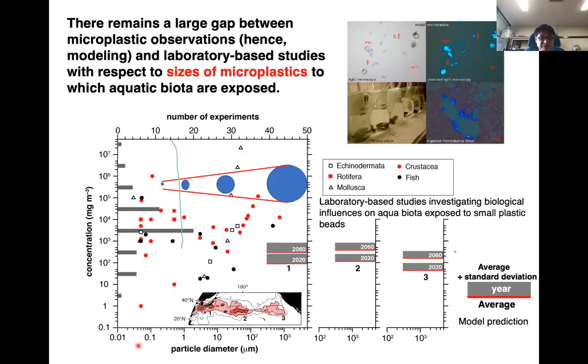So we have to bridge the size gap to predict the future risk of the microplastic. This is the front line of the marine plastic research at the present time.